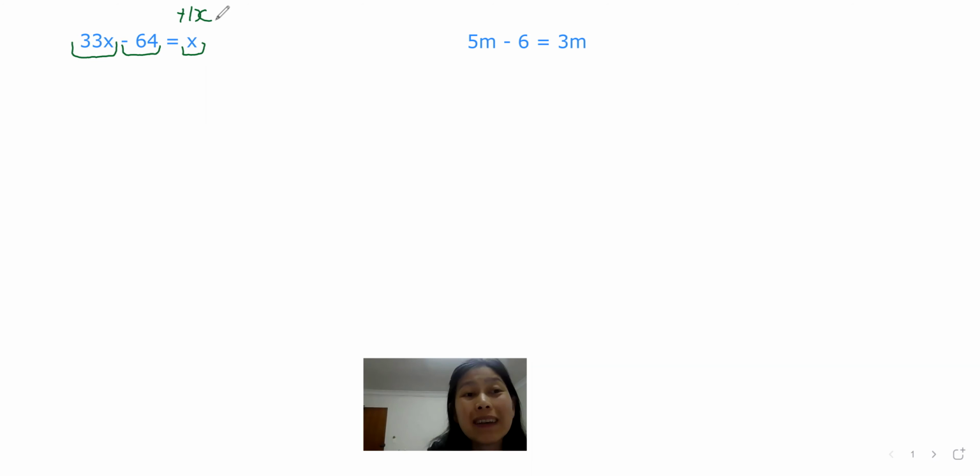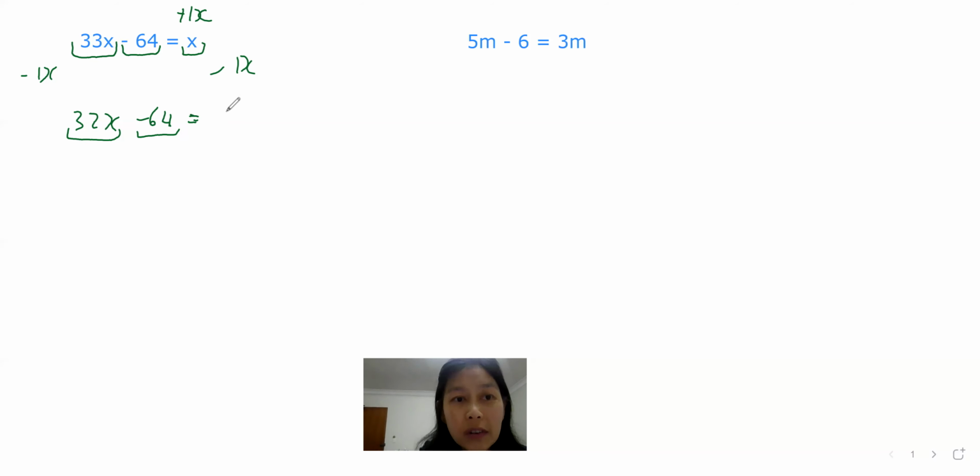So 33x minus 1x is 32x. We haven't touched the negative 64, so we leave it for now. And on the right-hand side, x minus 1x is 0.